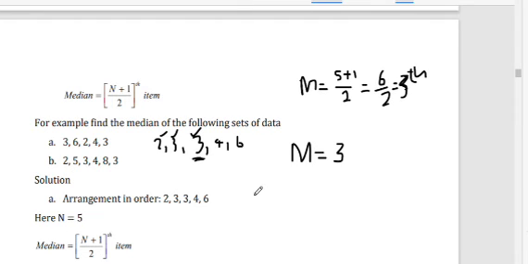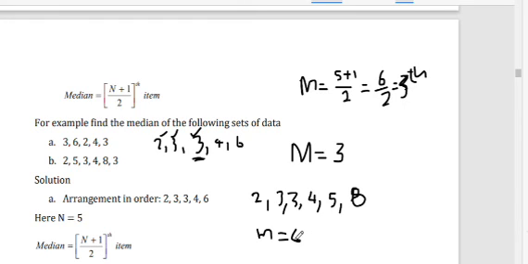So let's look at this again. Let's arrange this. I have 2, I have 3, I have another 3 again. I have 4, I have 5, and I have 8. The total numbers are 1, 2, 3, 4, 5, 6. So the median will be at (n plus 1) over 2.